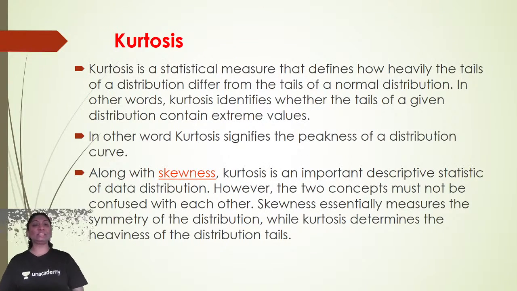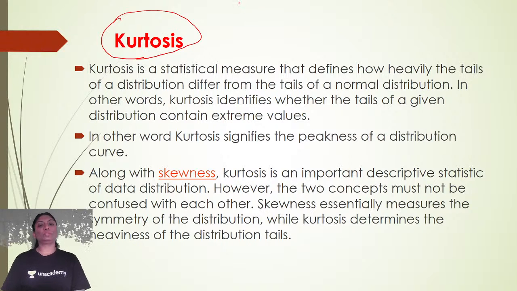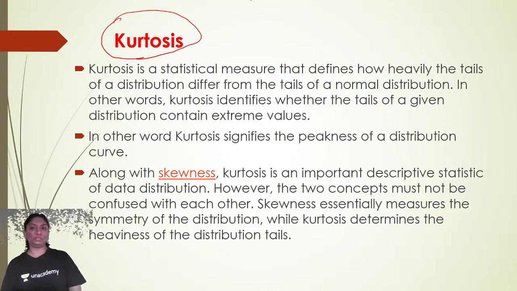Now, the next point is kurtosis. What do you mean by kurtosis? Kurtosis is again a type of moment. Kurtosis is a statistical measure that defines how heavily the tails of a distribution differ from the tails of a normal distribution.